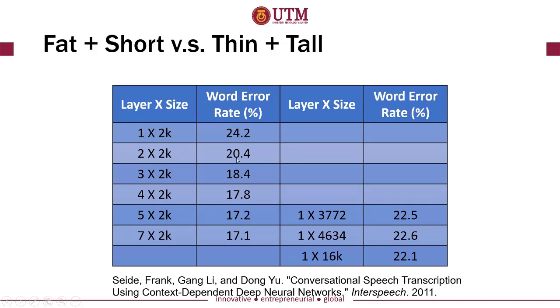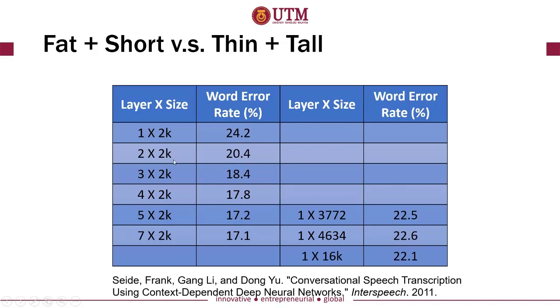Now the word error is 20.4%. If you compare with this one, the total neurons here is 2 times 2000, which is 4000 neurons, almost similar to this architecture. But in terms of word error rate, this one is better, which is 20.4 as compared to this one.